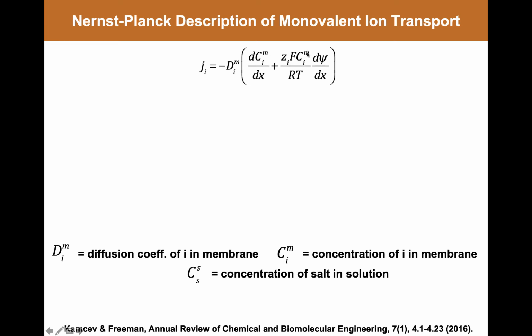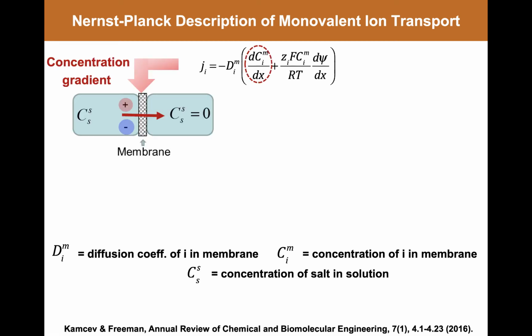Now in the laboratory, we can do two extreme experiments to isolate either the concentration gradient driving force or the electric potential driving force. And so we're going to talk about that in some of the experimental data today.